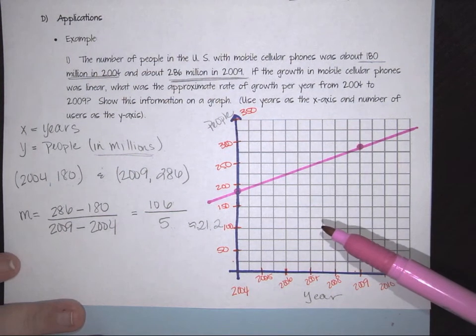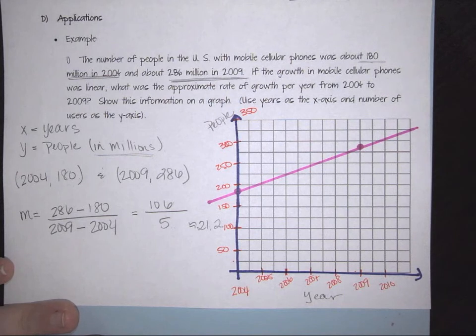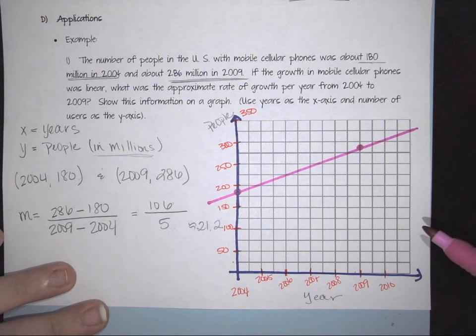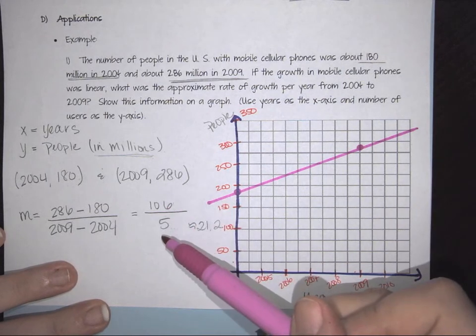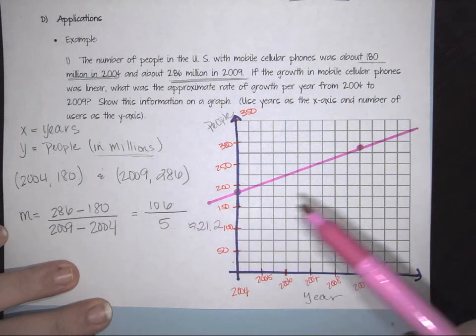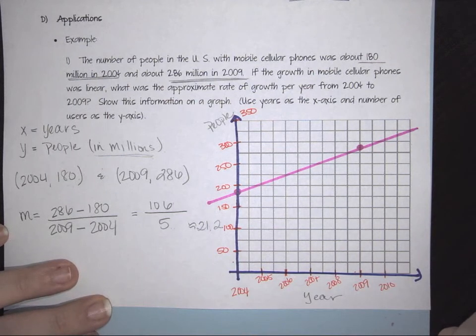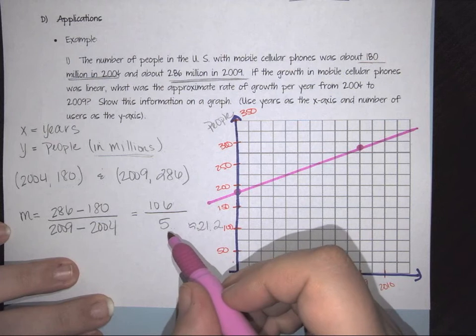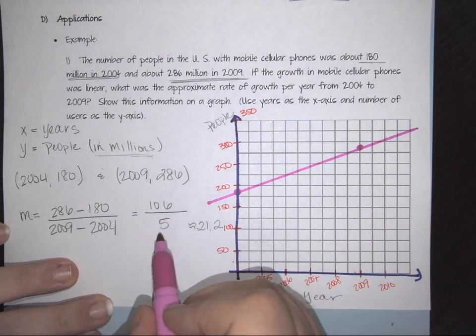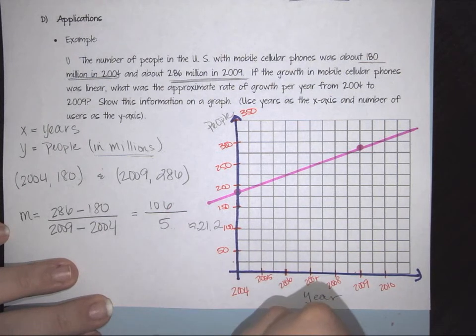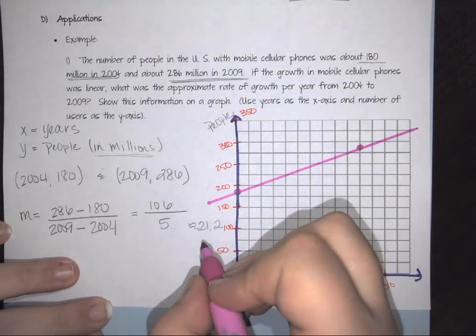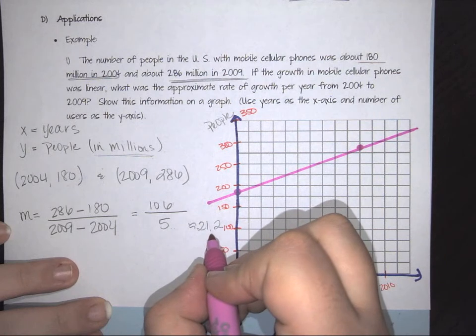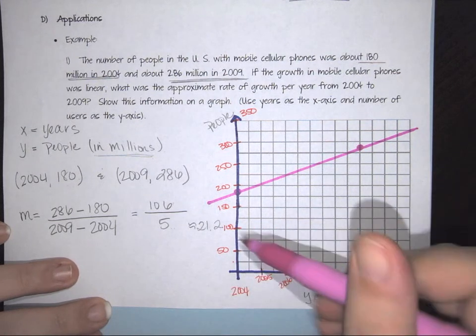And what we are trying to find is the rate of growth per year. So essentially we found that when we did our slope, but we're trying to do it on the graph. And so if you pay attention, our slope is saying that we would go up 106 and over 5, which is very, very hard to see. But we're also going up 21 over 1, which again is very hard to see.